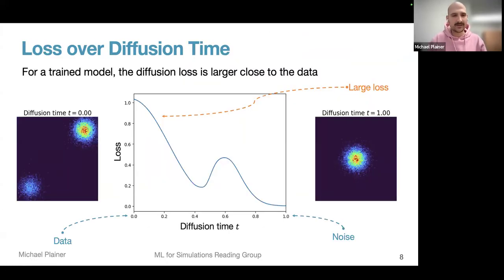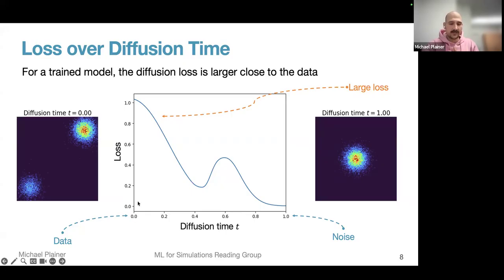And this can also be seen in the loss. So if we look at a trained diffusion model over diffusion time, so this is not loss over training, but a trained model evaluated at different diffusion times. At 1, we have our noisy distribution, and at 0, we have our data distribution. We see that it's very easy for the model to learn the noisy score, which basically just maps one Gaussian to another Gaussian.